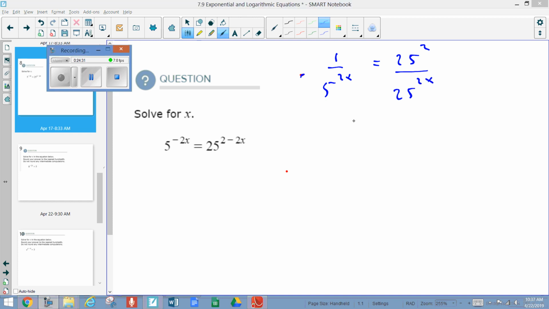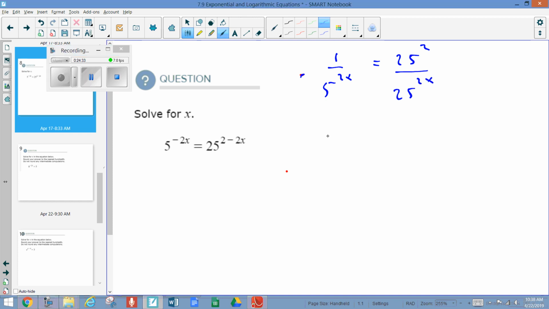When you do cross multiplication, 25 to the power of 2x times 1 is equal to this, and 25 to the power of 2 times 25. 5 to the power of what? 5 to the power of 2, right?